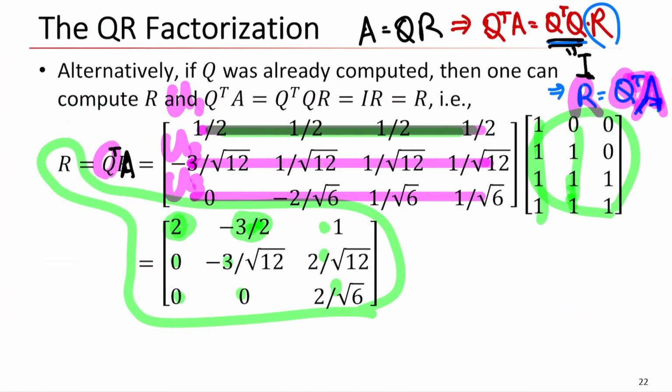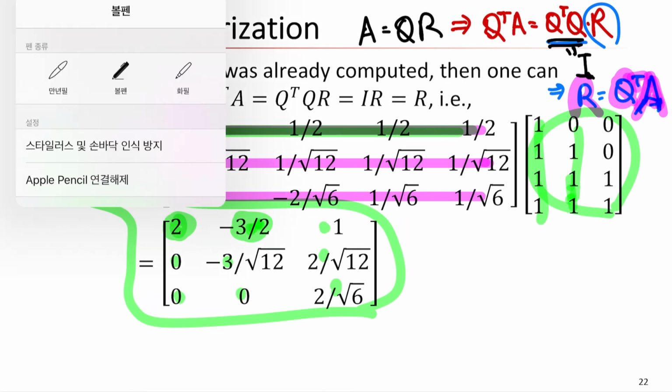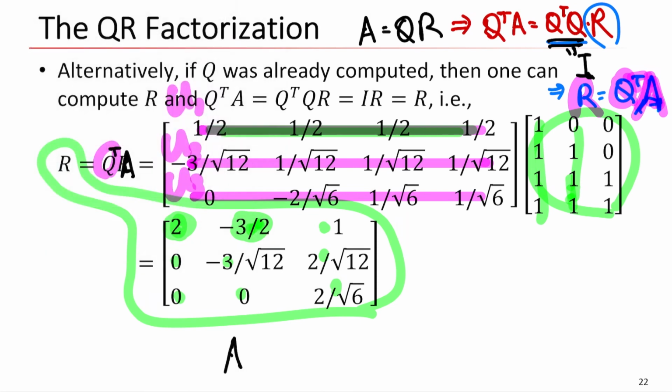So to summarize, if we have the matrix A, we can decompose it as the matrix Q and matrix R, and matrix Q consists of the orthonormal basis for the column space of the matrix A, and matrix R is the upper triangular matrix, which is the invertible matrix, with positive values in each diagonal, right? So this is the QR factorization method.